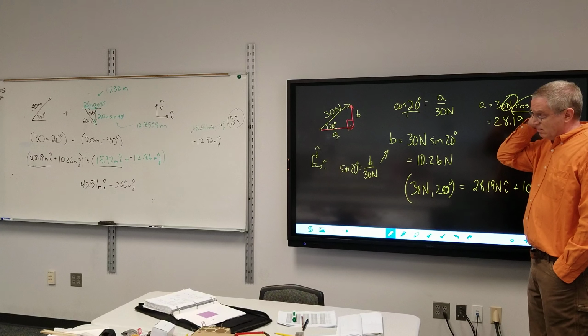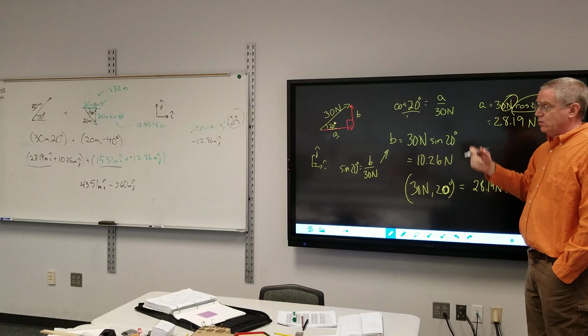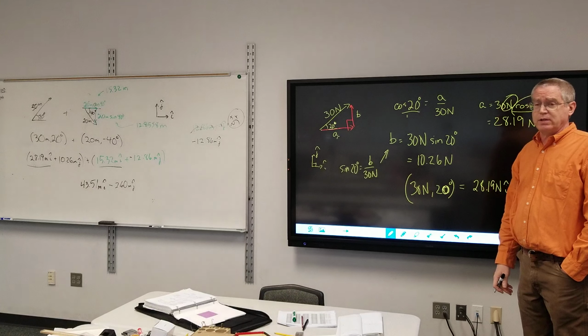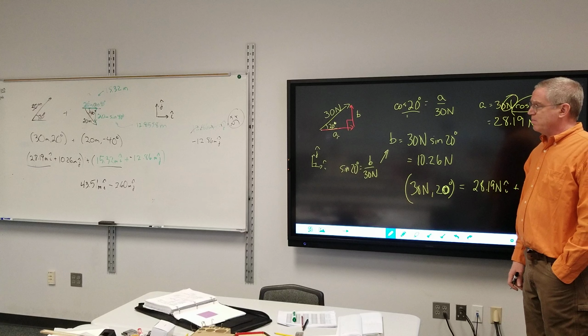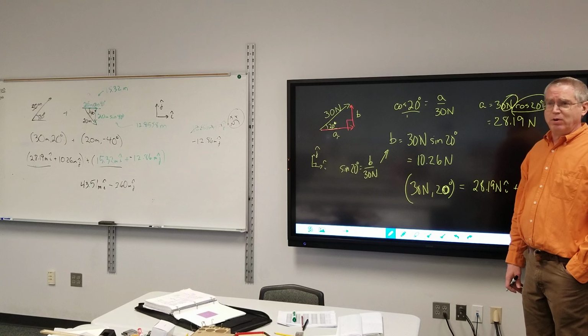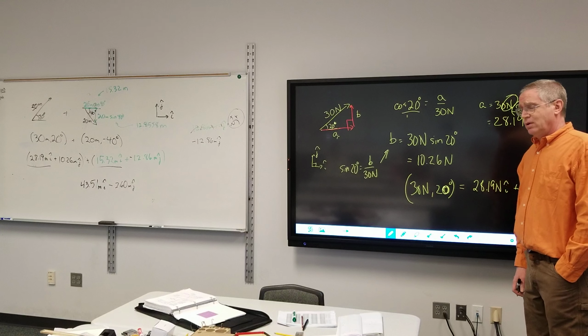Given the problem was to add these two vectors, we have an addition right here, this is rectangular form, we're done. Some students are not satisfied by that, and they just want to keep going because they want to put it in polar form for whatever reason.